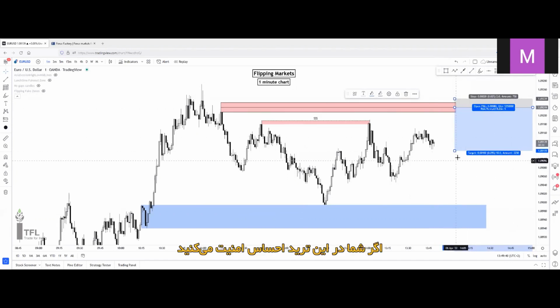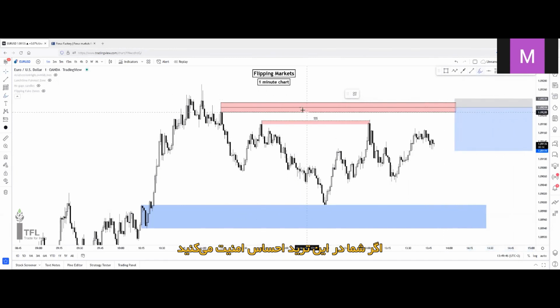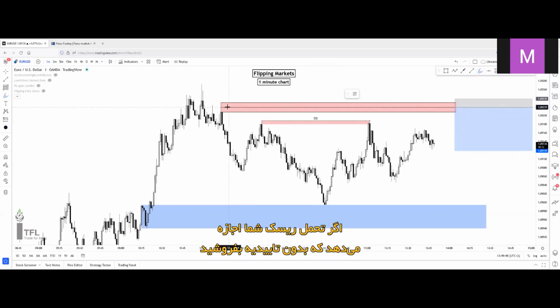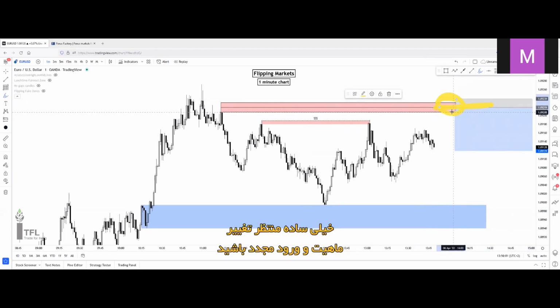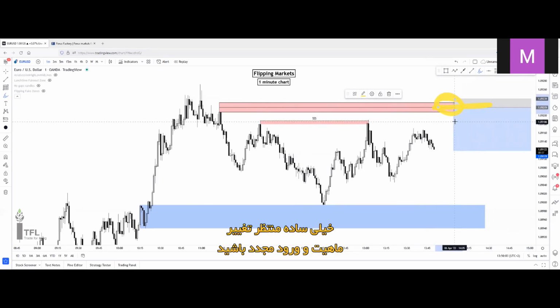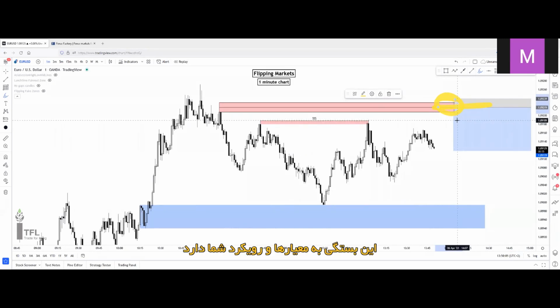If you safely play this short, and let me just find this tool right here, if you're secure about this trade, if your risk tolerance allows you to jump in a short right here without the confirmation, then do it. It depends on you. But if you can't tolerate a loss right here, just simply wait for a change of character and re-entry. It depends on your own criteria, your own perspective.